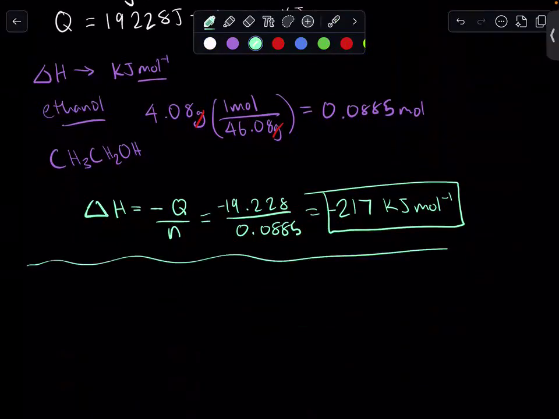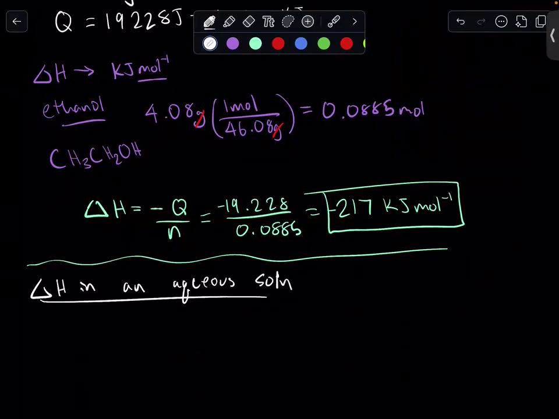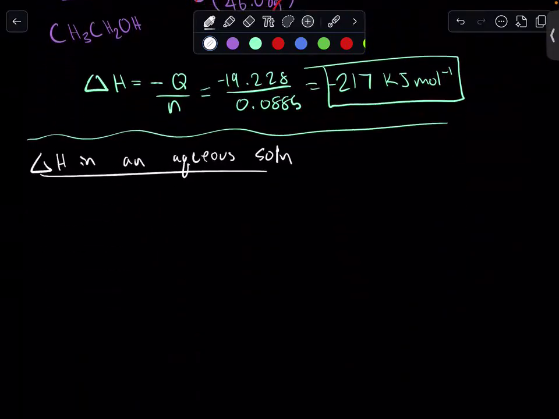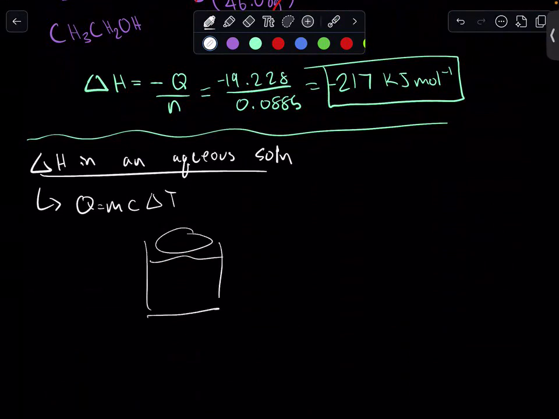All right. So that was in a metal calorimeter, but what about delta H in an aqueous solution? So we're still going to use Q equals mc delta T. But for example, what if we have a solution of something like copper sulfate and maybe a piece of zinc?